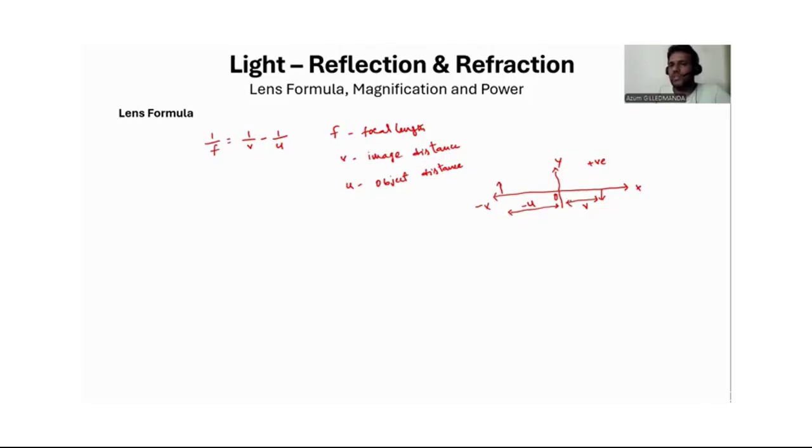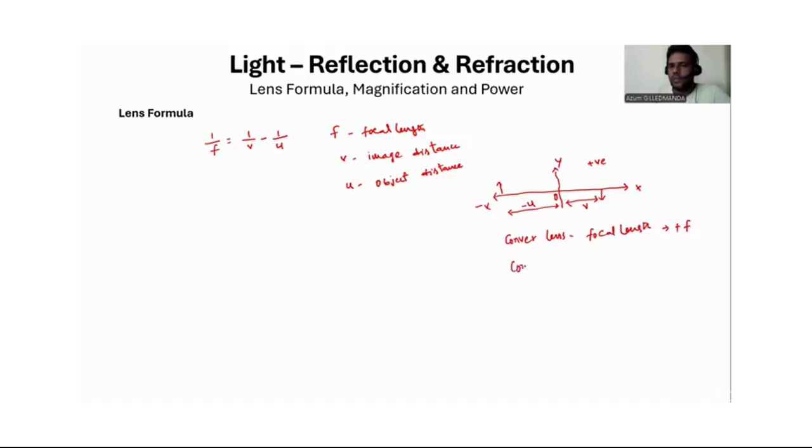So left to the center, or left to the lens, is minus, and right to the lens is plus values. Here the object is always in front of the lens, so the object distance is always minus u. And for a convex lens, the focal length is positive. The focal length f, you should always take plus f.